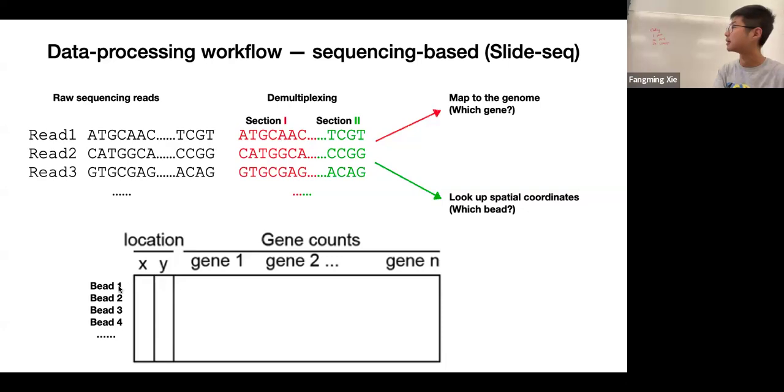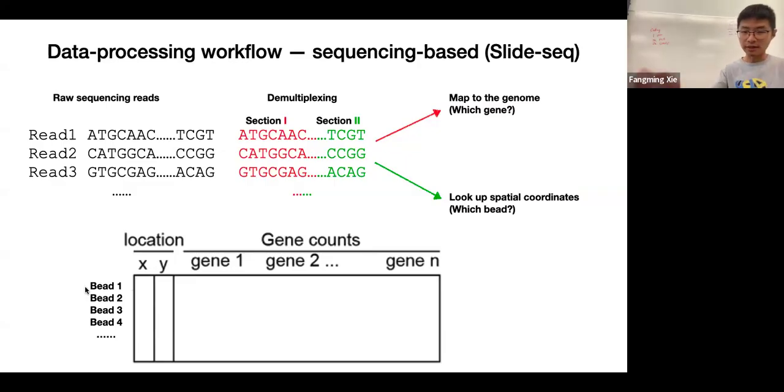You first get a table of beads. Each bead is roughly a cell, but maybe a few cells because of local diffusion and things. So you can treat it as a sort of cell matrix, but more rigorously, for each bead you have their spatial location and how many copies of each gene you extracted with that bead.